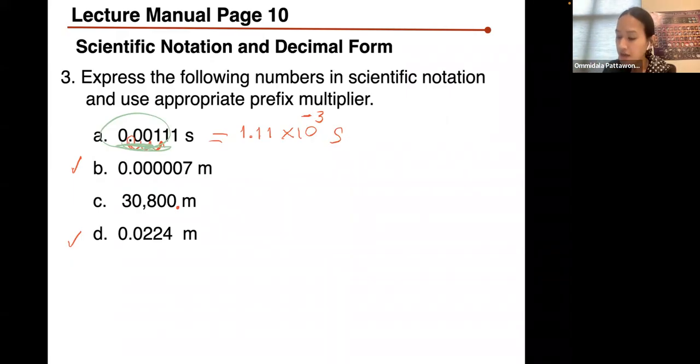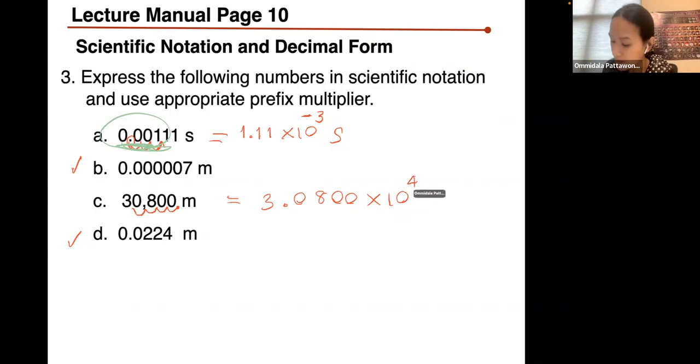So you are going to move this all the way to the first non-zero digit on your left. So you are going to move all the way to here. 1, 2, 3, 4. You move it 4 times, so it's equal to 3.0800 times 10. You move how many again? 1, 2, 3, 4. You move 4 times, so it's going to be raised to the 4th.